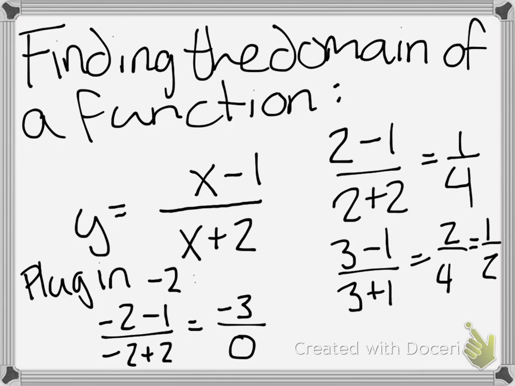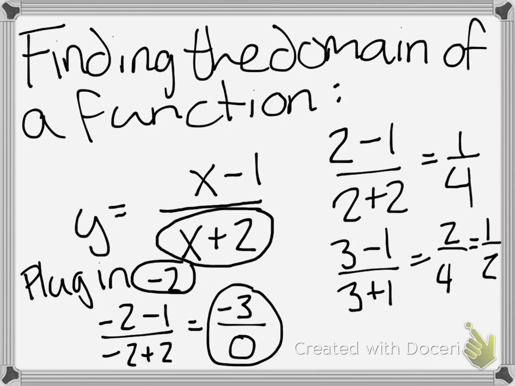So I can't have this. So -2 is not in my domain. Since -2 is the only thing I can plug in that will make my denominator 0, it's the only thing that's not in my domain.